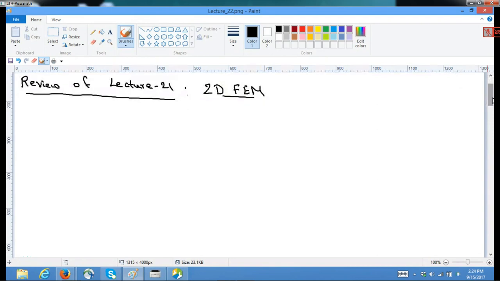Because we showed the shape functions of, we rederived the shape functions of a square element.